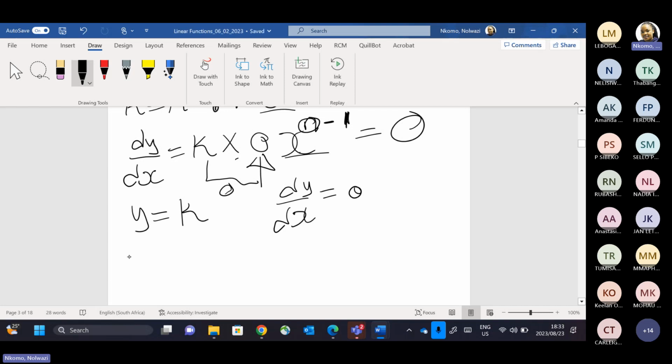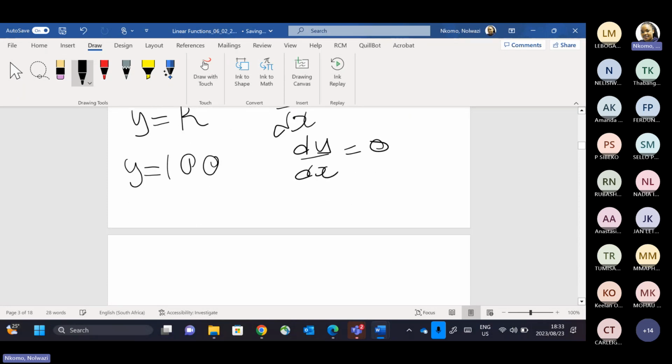Let's say we are asked to differentiate 100, then your dy over dx would be 0. If you are asked to differentiate y is equal to minus 1 over 10, the derivative, which is dy over dx, will be 0. So it doesn't matter which constant you are given, your derivative will always be 0.